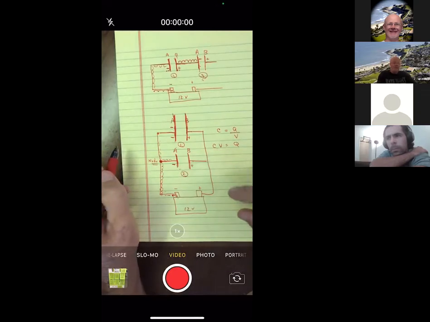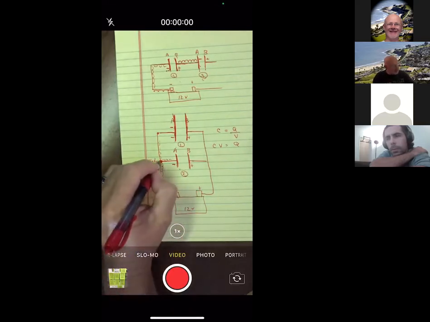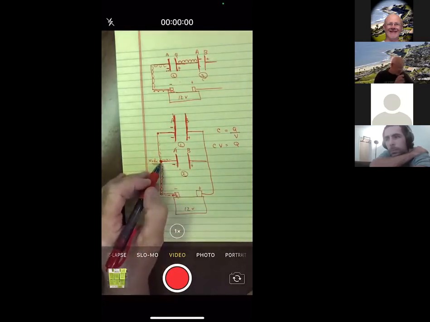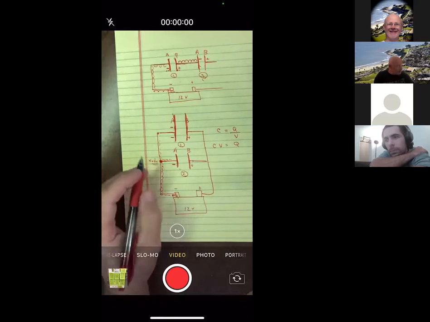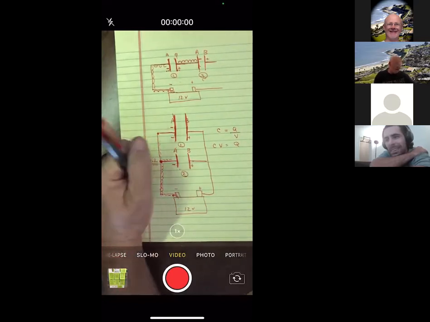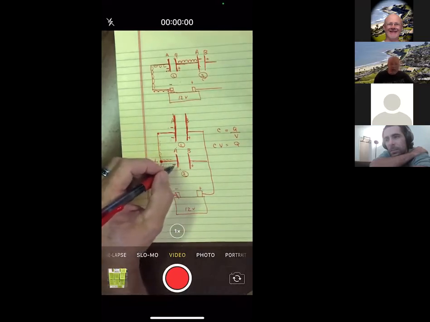Okay, now here's what gets even still more interesting. Let's look at the fourth electron. The fourth electron comes down here, gets to this node. Which way will it go? Now again, if you're a little naive, you might say, well, there's 2 electrons over here and only 1 here, so it's going to be less push this way. No, not necessarily.